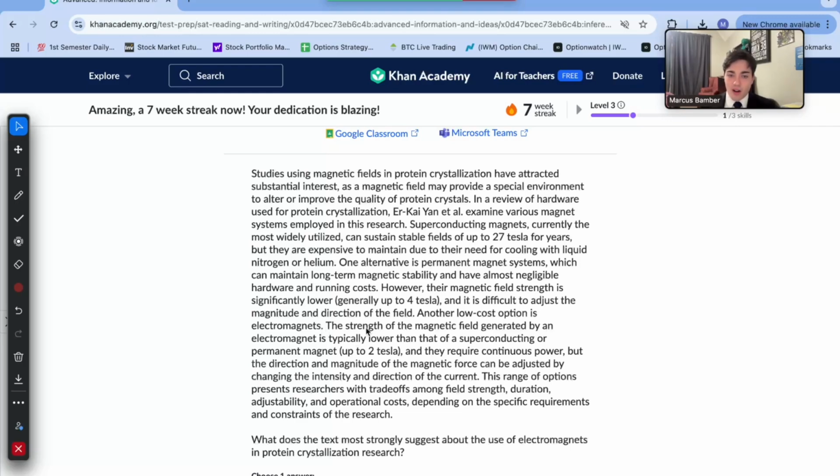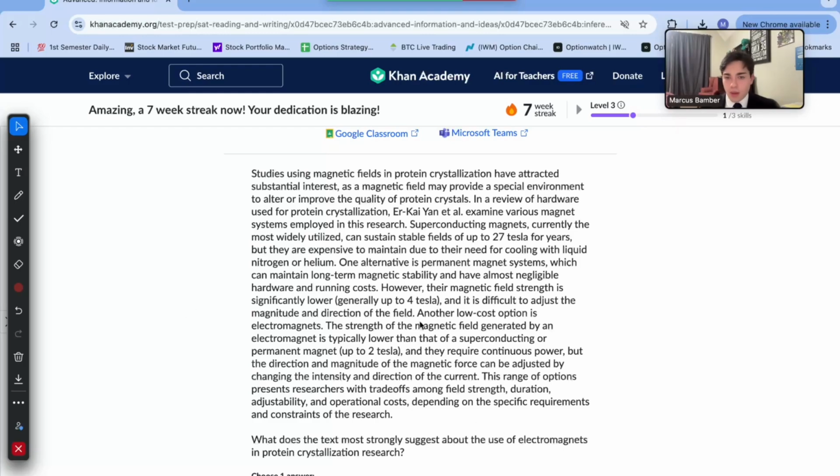The strength of the magnetic field generated by an electromagnet is typically lower than that of a superconducting or permanent magnet, and they require continuous power, but the direction and magnitude of the magnetic force can be adjusted by changing the intensity and direction of the current. This range of options presents researchers with trade-offs among field strength, duration, adjustability, and operational costs, depending on the specific requirements and constraints of the research.